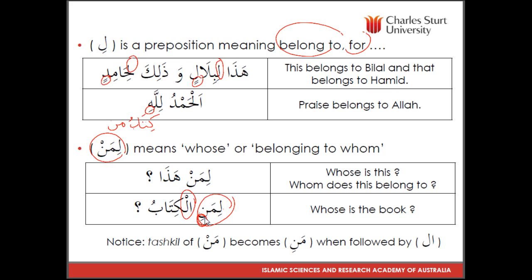Liman is a question article. Man is a question article. You cannot change it. Man is man. It's like hada, like hona, like tahta. Question articles cannot change. The only thing is when it is followed by al.